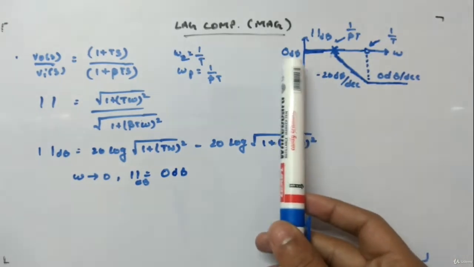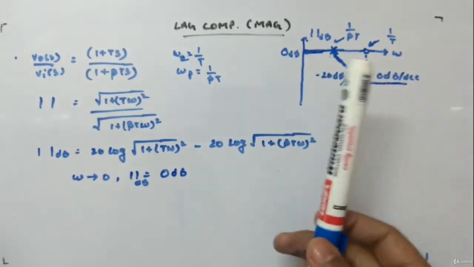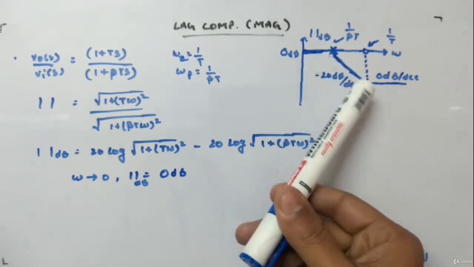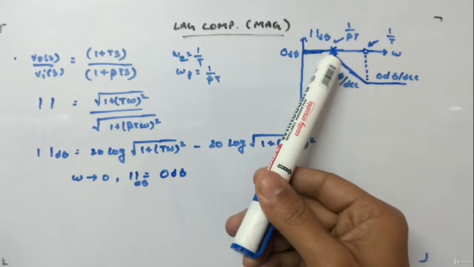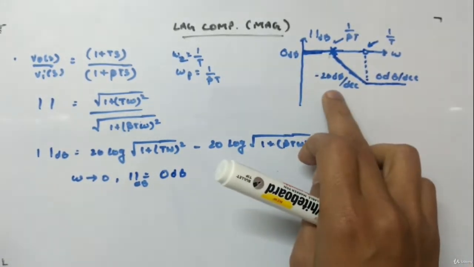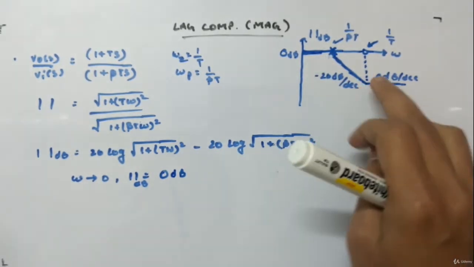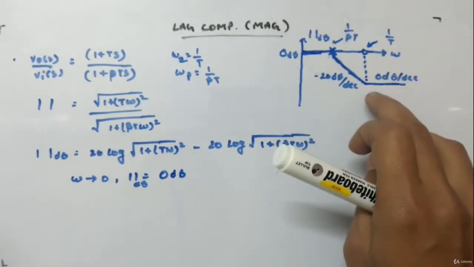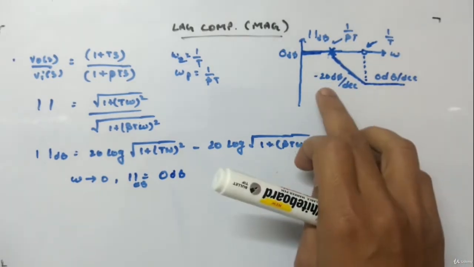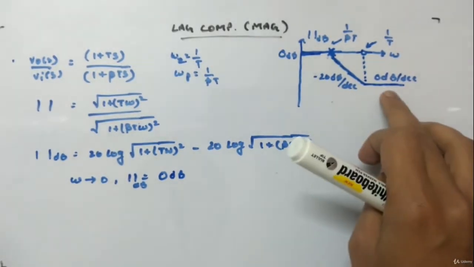It will start from 0 dB. Because there is a pole here, it will give you a minus 20 dB per decade slope, and when you reach this 0, minus 20 plus 20 will become 0 dB per decade.